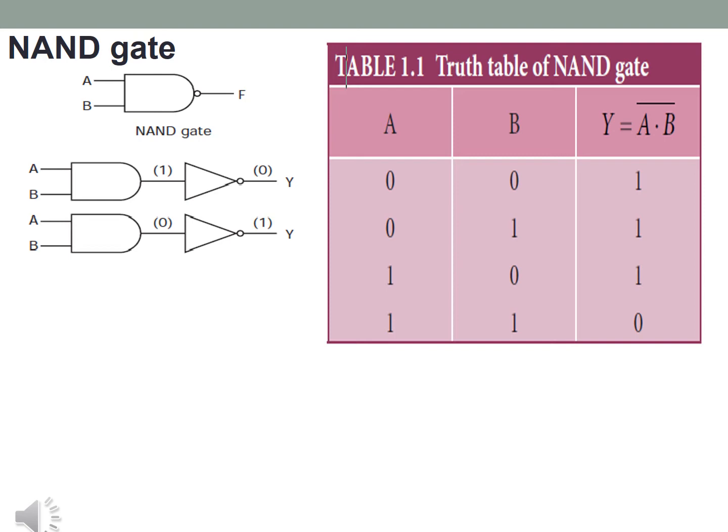Generally, we know about the AND logic gate, which performs logical multiplication. The complement of the AND gate is nothing but the NAND gate.